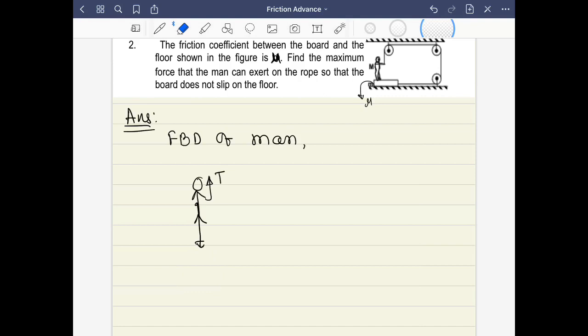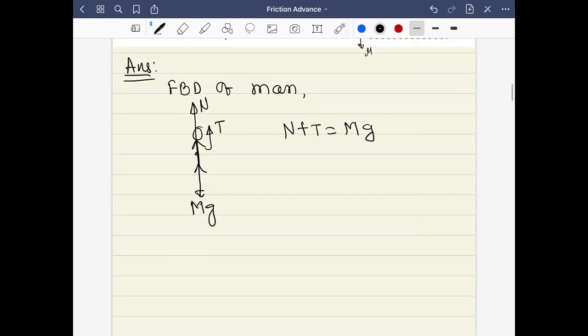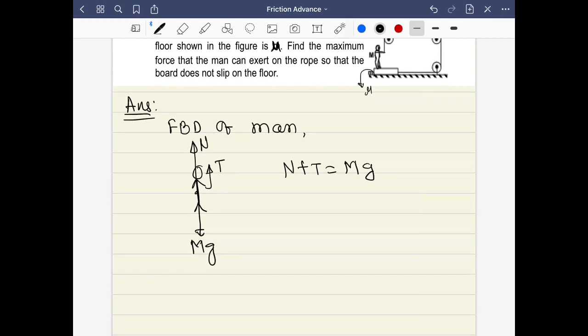So this is capital Mg, and the normal reaction upward, right, and no other force is acting, so we can write directly N plus T is equal to capital Mg. Why? Because there is no motion, so sum of all the vertical forces must be equal to sum of all the downward forces, right? Okay, upward is equal to downward forces.